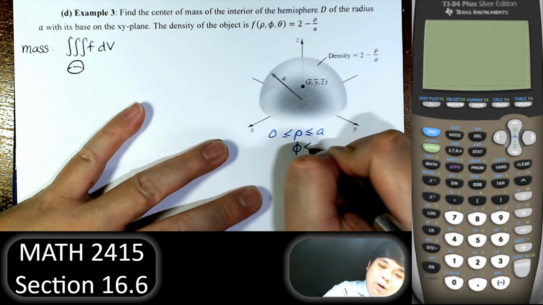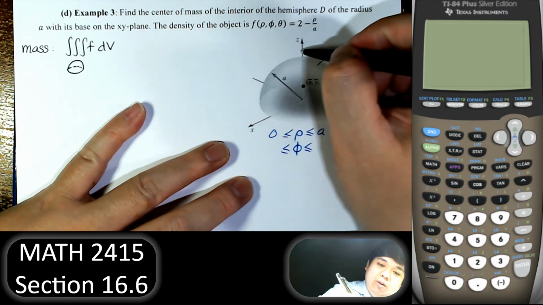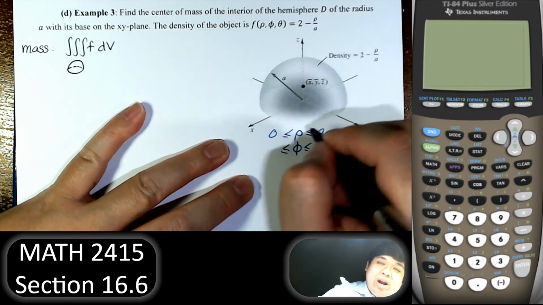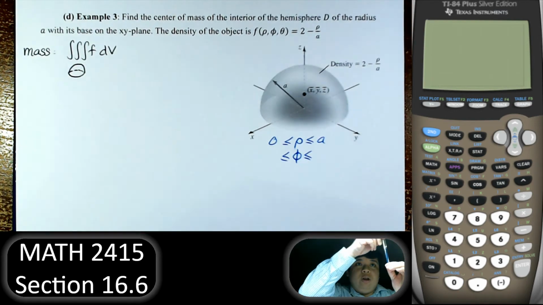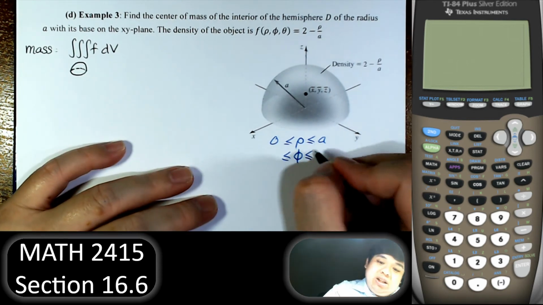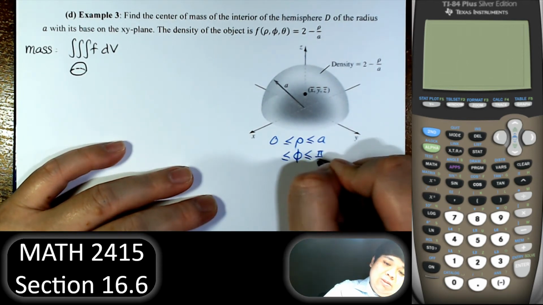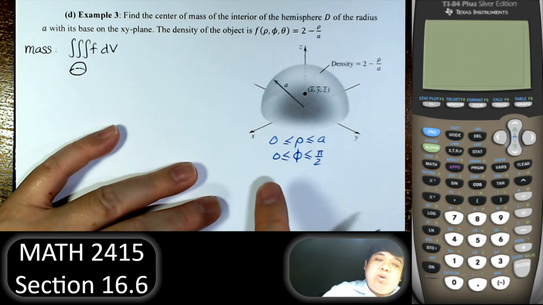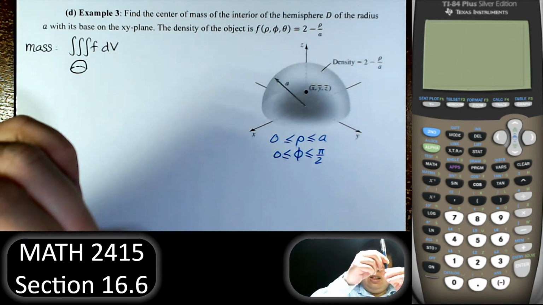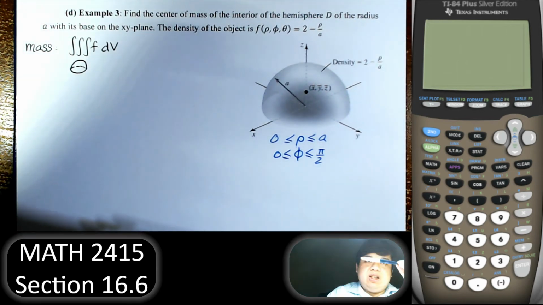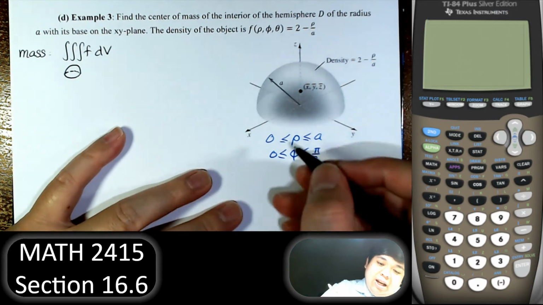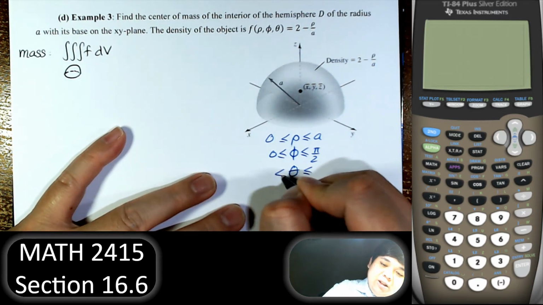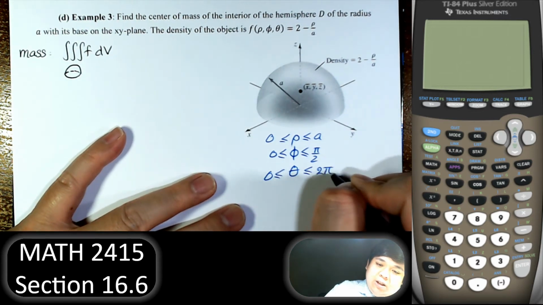Phi goes from the z-axis down to the xy plane, from the North Pole to the equator, that's 90 degrees. So we go from the top, 0, to pi over 2, which is the equator, and then theta from 0 to 2 pi.